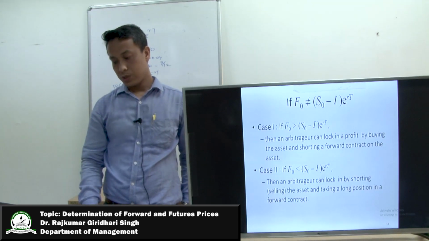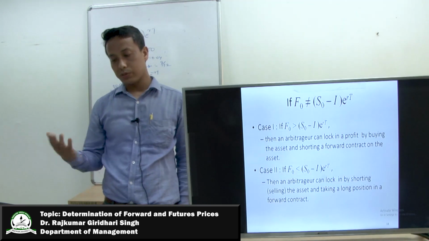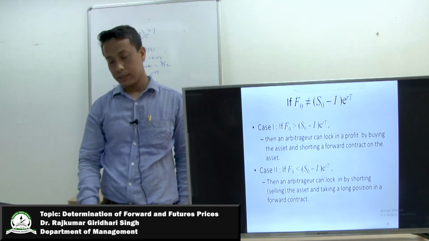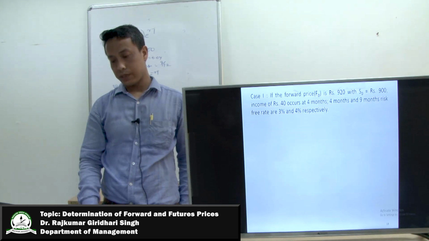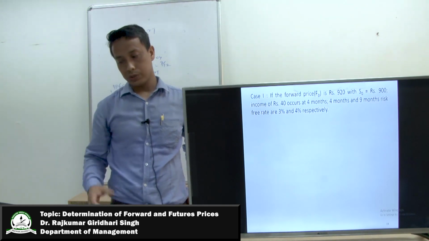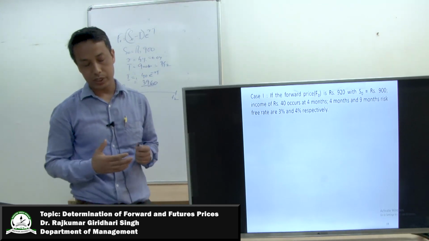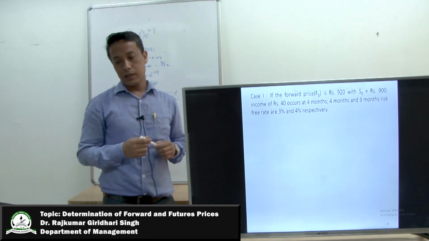Here also with the same example we can find out case 1, when the forward price is less than your spot price, and case 2, when your forward price is more than your spot price.